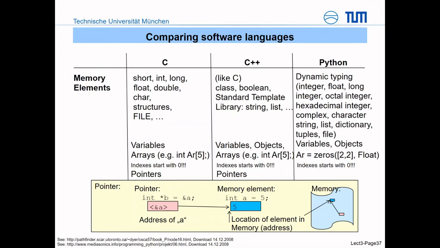And in C++ you can extend these types, so that you already have a standard library, the standard template library, which extends these with different classes, so that you have, for example, strings, lists, vectors, things like that. Python has dynamic typing, so it automatically makes things right here. So it's a little bit of a difference to the rest, a little bit similar to MATLAB.